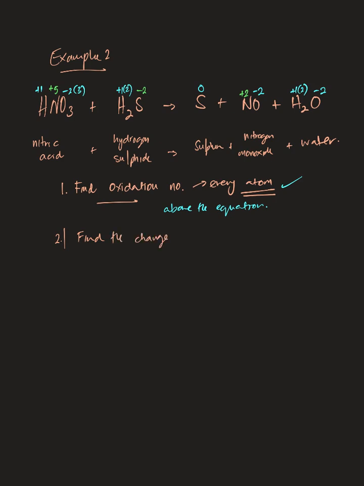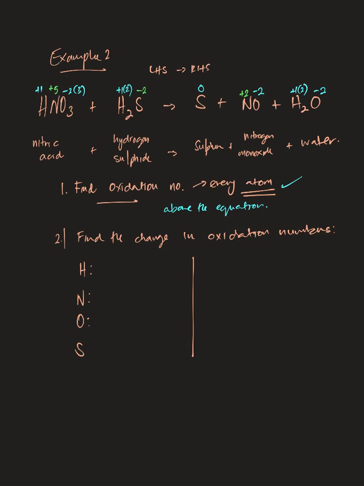The second thing that we look at is we need to find the change in oxidation numbers. How we do that is we just compare. I've got hydrogen, nitrogen, oxygen, and sulfur. Same thing on this side. So I've got the left hand side and the right hand side.